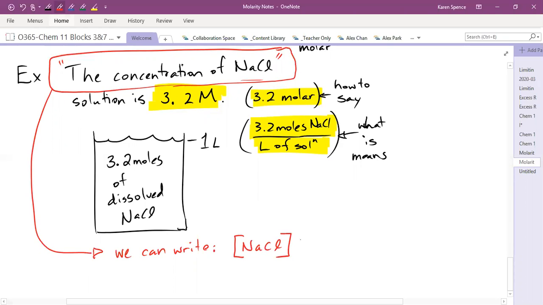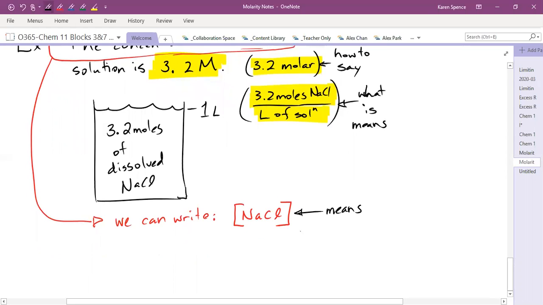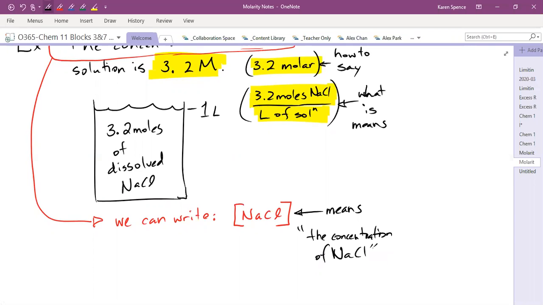And this means the concentration of sodium chloride. We're going to do a couple problems finding our molar concentration and mainly getting used to the units and the square bracket notation.